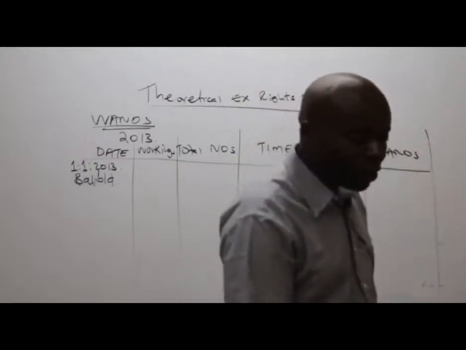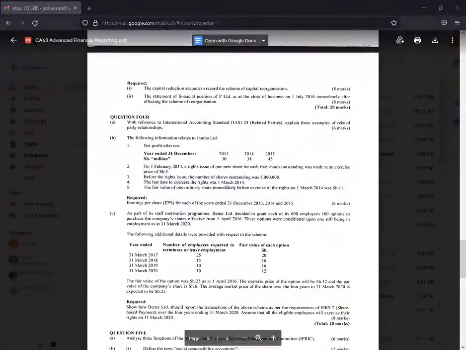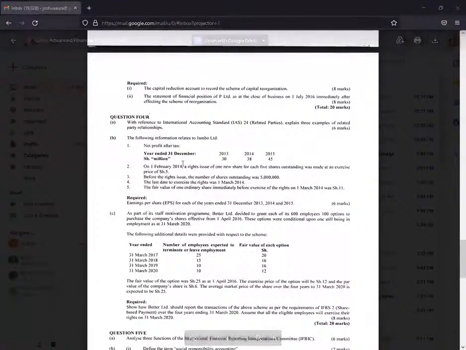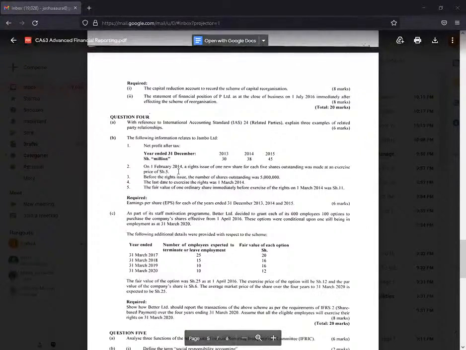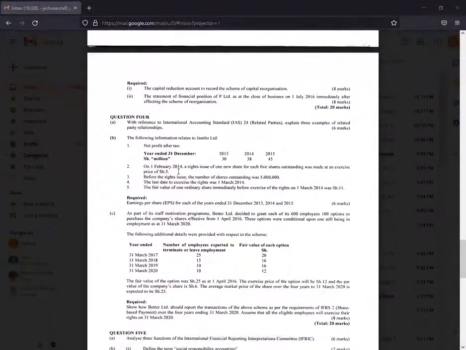So 2013, ladies and gentlemen, this is what we have. You can see the year is ending 31st December. You are told that on 1st February 2014, a rights issue of 1 new share for each 5 shares outstanding was made at an exercise price of 5. So, ladies and gentlemen, this is a transaction that took place in 2014. It will not affect us in 2013. We go to note number 3. Before the rights issue, the number of shares outstanding was 5 million.